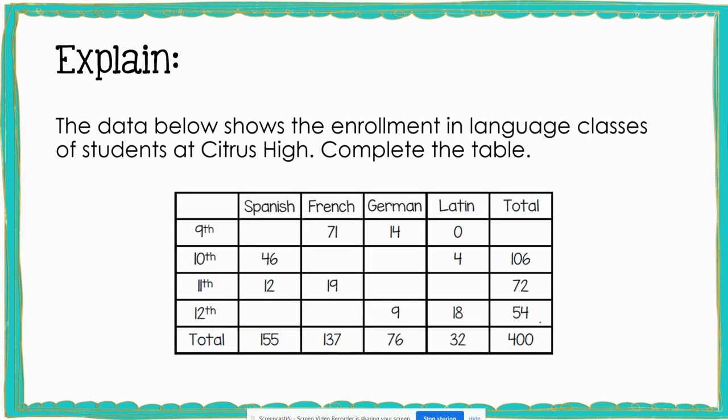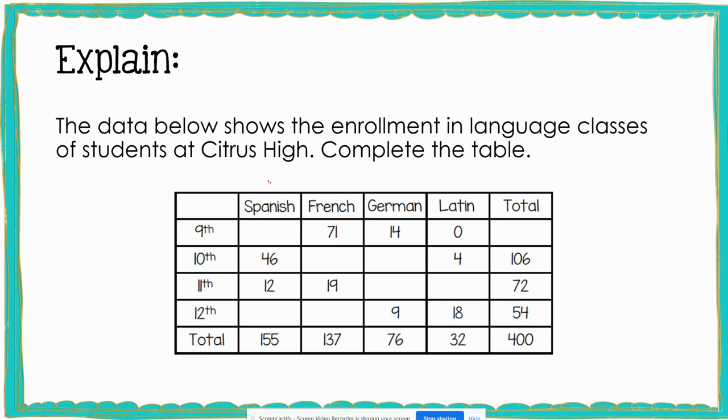The data below shows the enrollment in language classes of students at Citrus High. Complete the table. Well, before we can answer any questions about this, we have to have a full table. And when you look at this table, you can see that there is a lot of stuff that's not filled out. First, let's just look at this table and see what it shows.